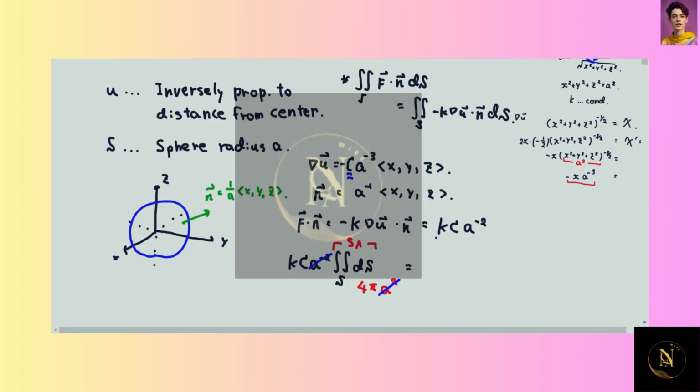So I thought that was really interesting. Anyhow, this simplifies to 4 k c pi, and that is going to be the outflow, which is the answer, and that's how you solve these kind of problems.